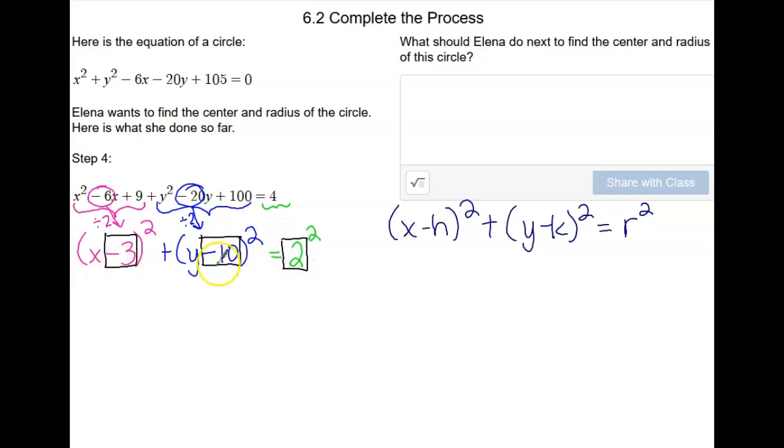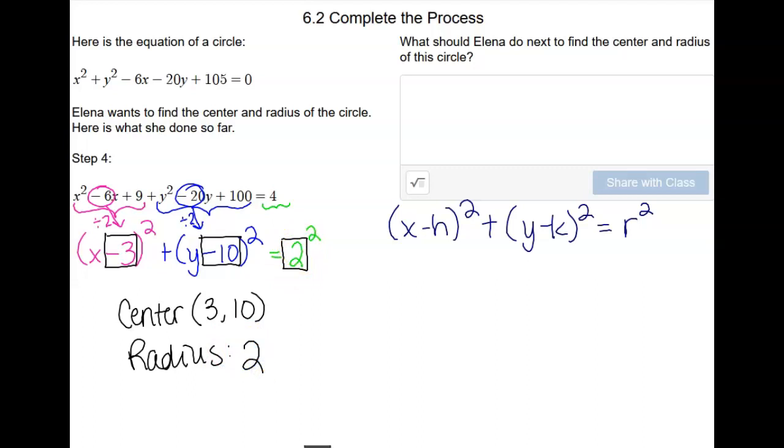But with these two, we have to switch the sign. So the center for our circle is going to be (3, 10), because this -3 changes to a +3, and -10 changes to a +10. And the radius is just this number here. It's just 2.